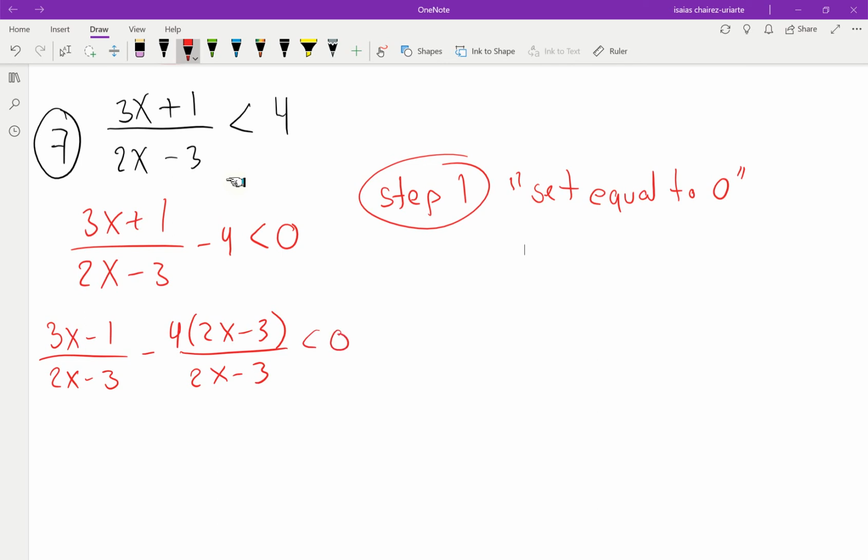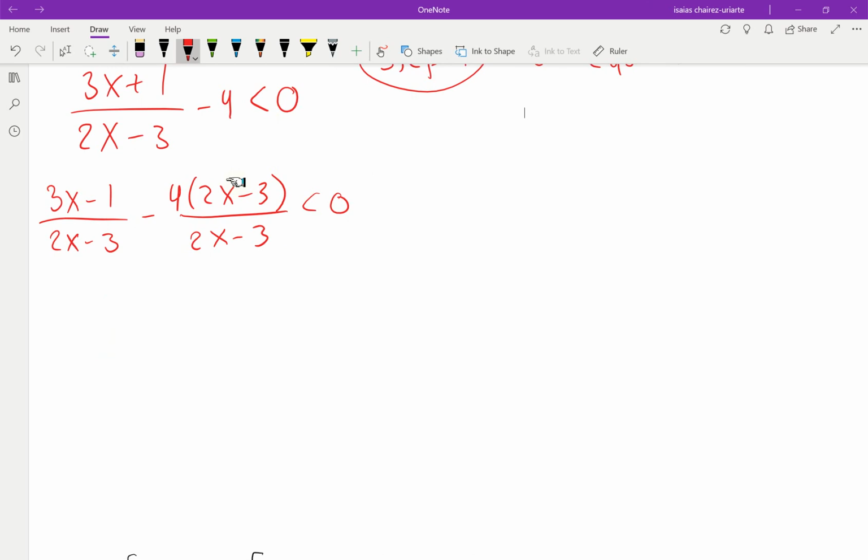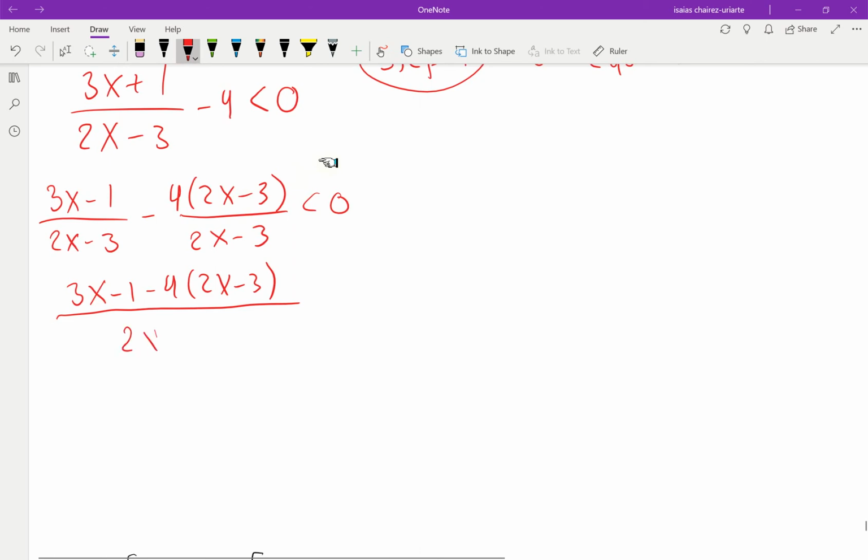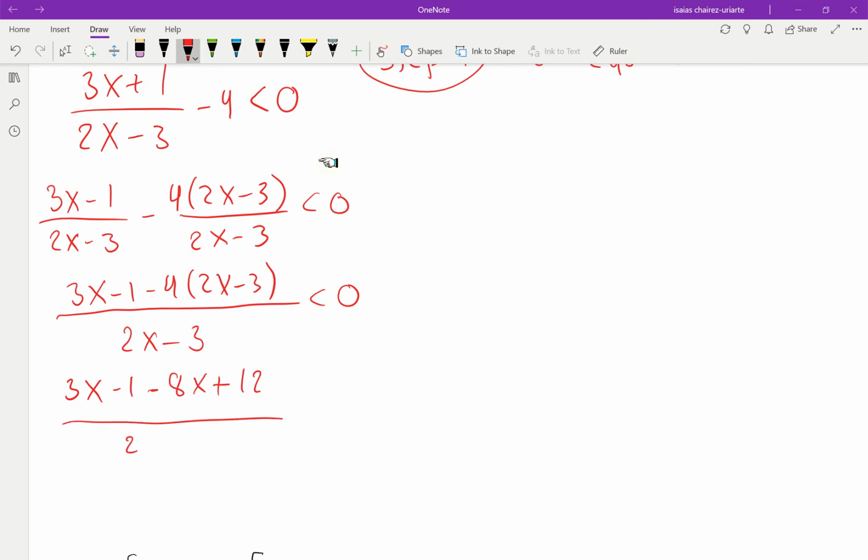Okay, good. So now I can actually combine these fractions into a single one. So this becomes 3x minus 1 minus 4 times (2x minus 3). Be careful with your signs. Notice that I put things in parentheses and I keep them in parentheses until after I combine the fractions. Okay, so that becomes 3x minus 1 minus 8x plus 12, all of this over 2x minus 3, less than 0.